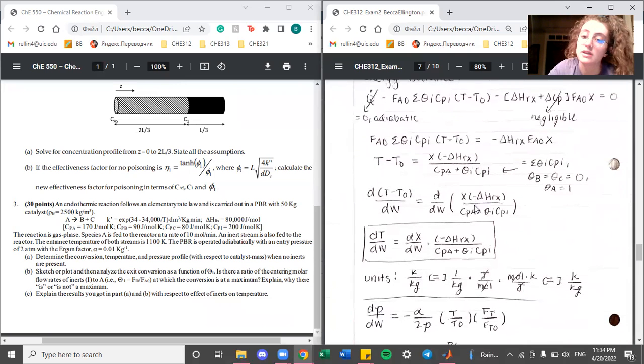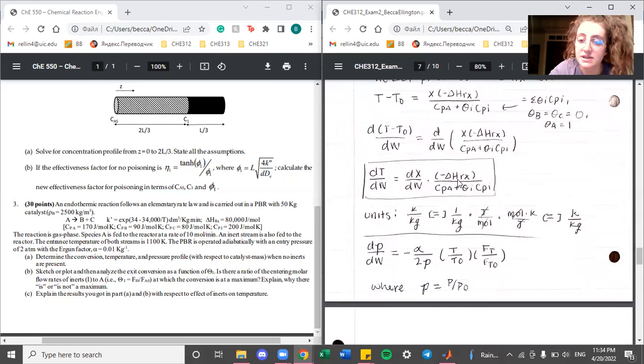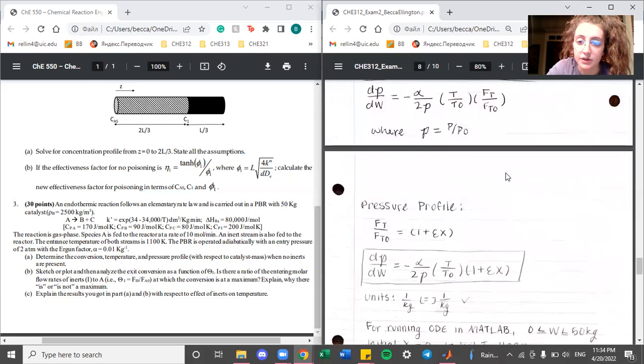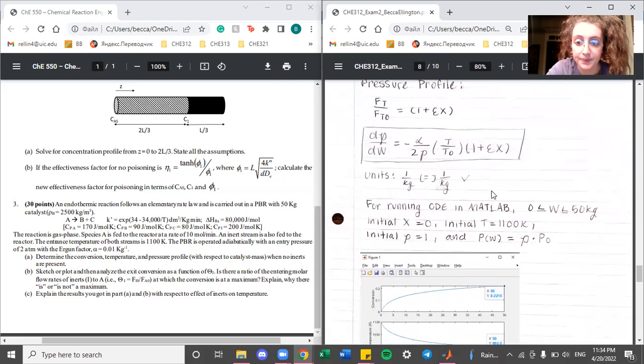I rearranged it and then took the derivative of T with respect to W and got this final expression in terms of X, delta H of reaction, and the summation of theta i Cp, which is just equal to this because a lot of the thetas equal 0. Units checked out. I used the Ergun equation for the pressure drop, pretty simple. I didn't derive an equation for Ft, so I replaced it with 1 plus epsilon X.